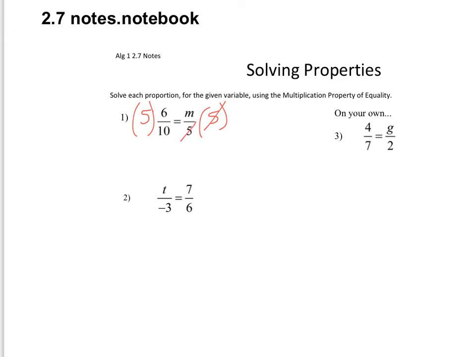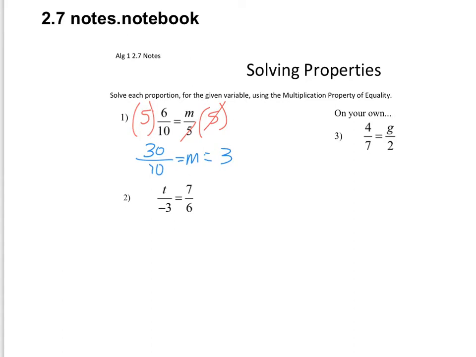That's going to leave us with 30 over 10, and that is equal to m, which is equal to 3. Hopefully everybody sees how we got that.